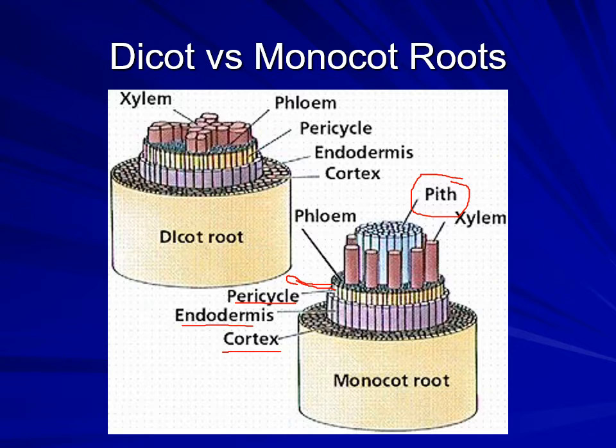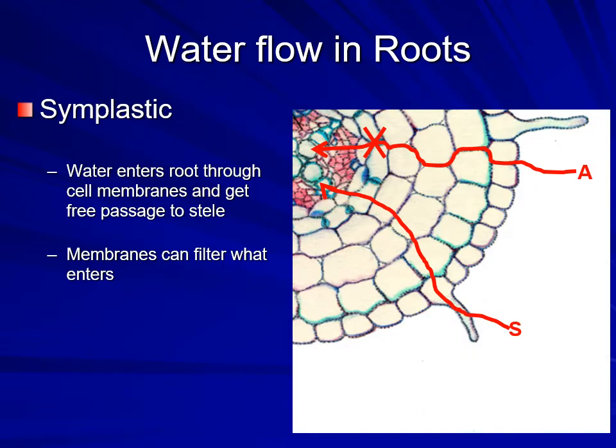It will somewhat conduct passively, but it's more where the plants deposit metabolic waste or store nutrients for later use. So that's a big difference between a dicot and a monocot root, is the existence of a pith. So hopefully those differences are clear to help you navigate between monocots and dicots, right?